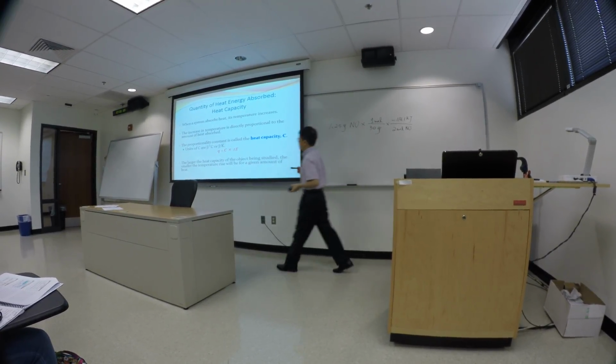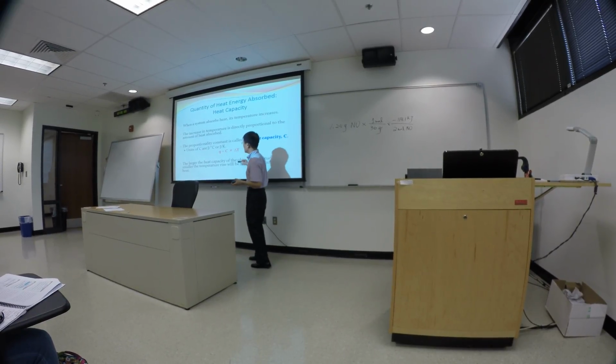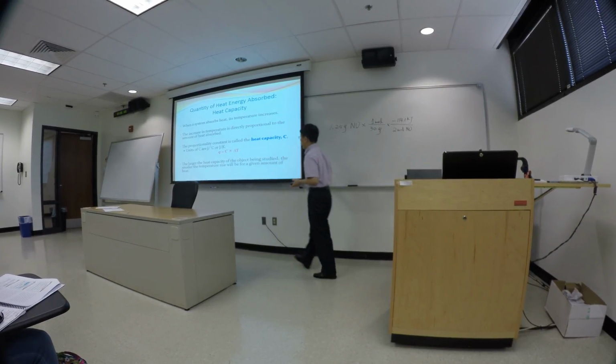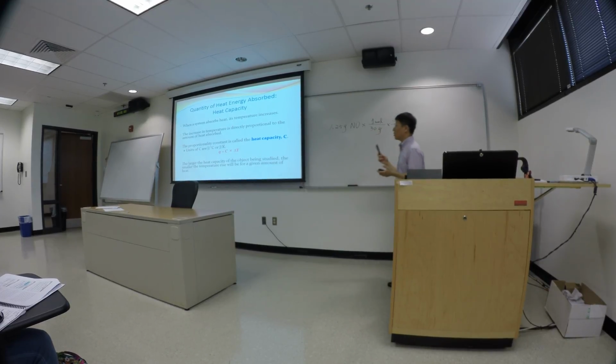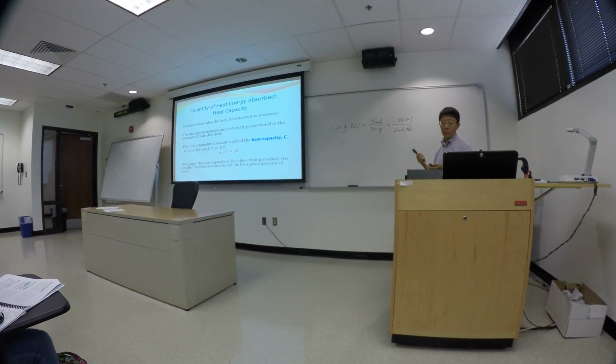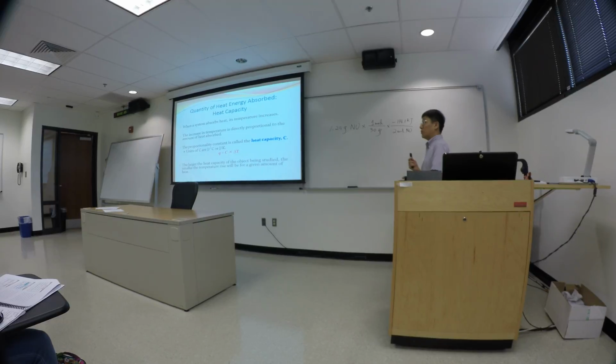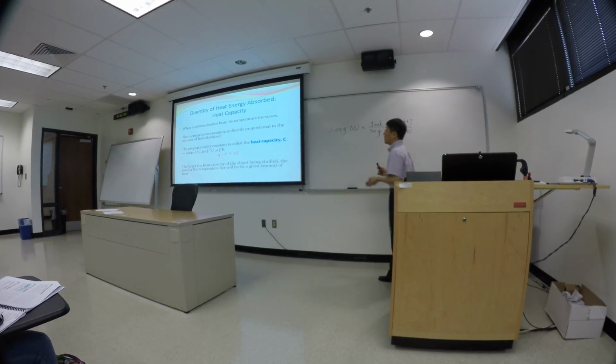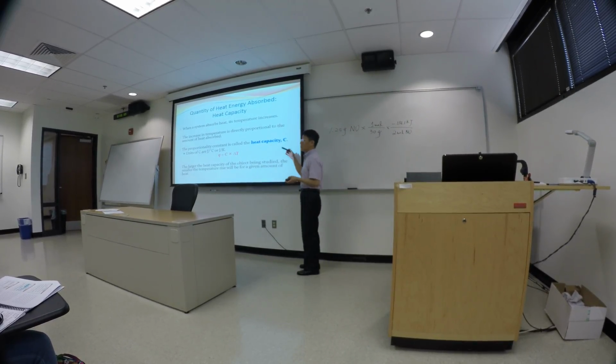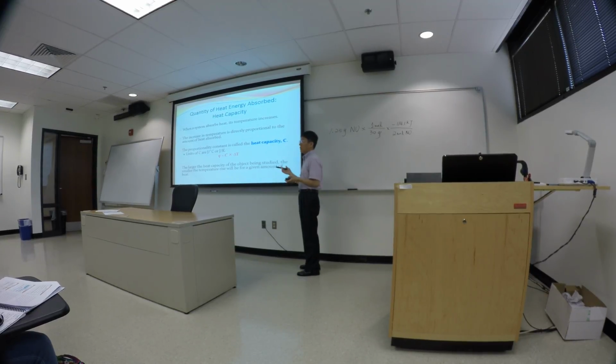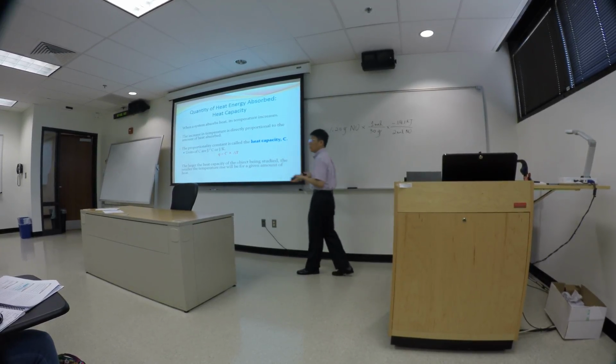So in this case, Q equals C times the change in T. The larger the heat capacity of the object being studied, the smaller the temperature rise will be for a given amount of heat. Now, heat capacity is given without specifying how many grams of the sample we have.